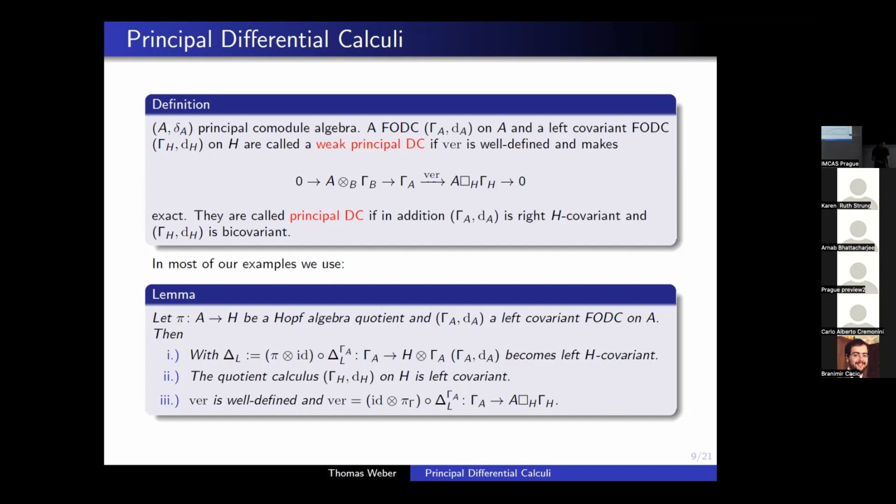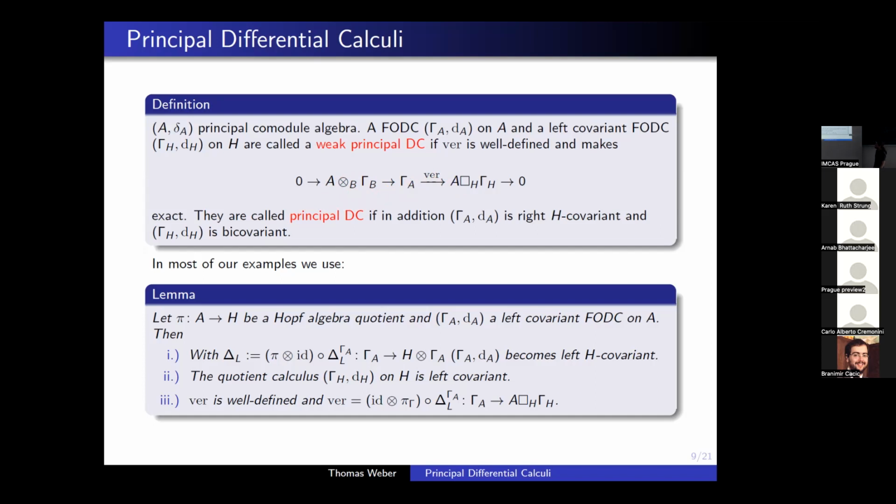This means I have an injective map of A tensor B gamma B into gamma A, and then the vertical map, which has to be surjective, such that the kernel of the vertical map is the image of this map, which is exactly by our definition the horizontal forms. So that's also why we choose it to be the left A and not the A bimodule, because then the kernel of the vertical map is exactly the horizontal forms as it should be.